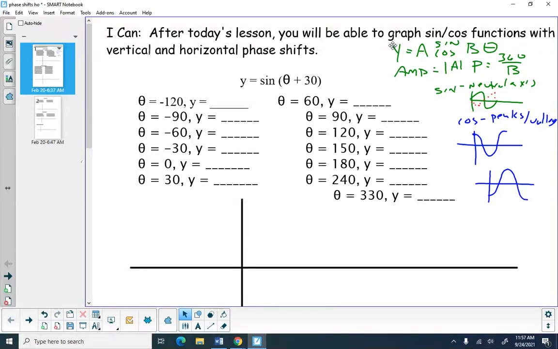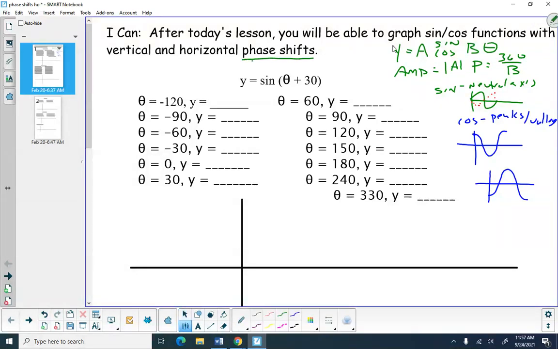But now when we start talking about sine and cosine curves, and a lot of things turn into sine and cosine curves, electrical currents turn into sine and cosine curves, that's called a phase shift, the sliding of the graph. So we're just talking about basically translations.